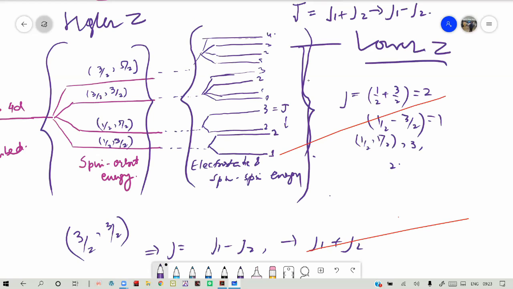Now suppose, following the selection rules, there is a transition from this level.